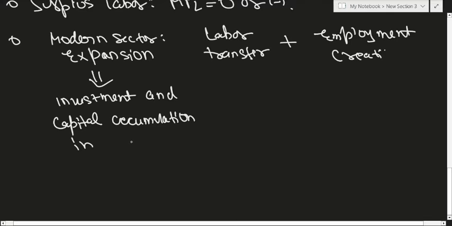In the modern sector, industries are owned by the capitalist section of society. They reinvest their profits, and this goes on, they make more profits and keep on reinvesting. Therefore, this fuels the modern sector expansion along with labor transfer from the agricultural rural sector to the modern sector. Okay, but how is this investment possible?